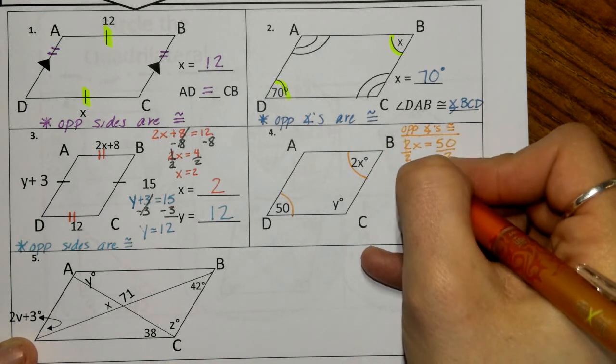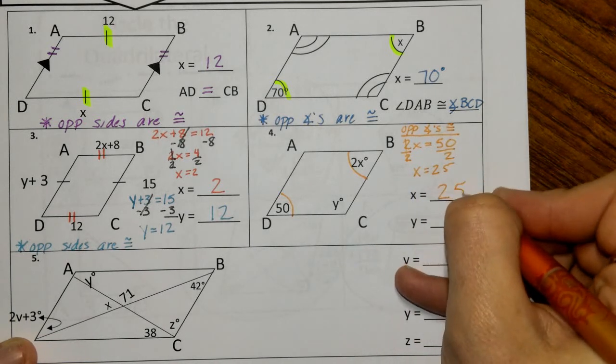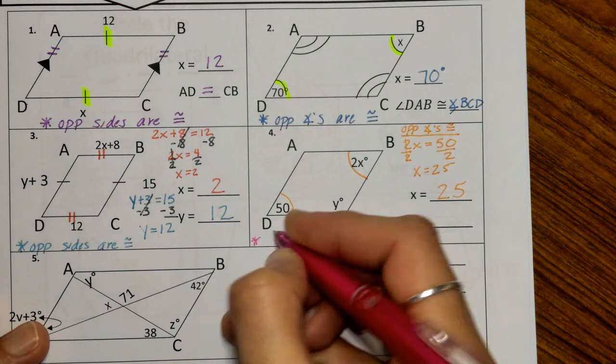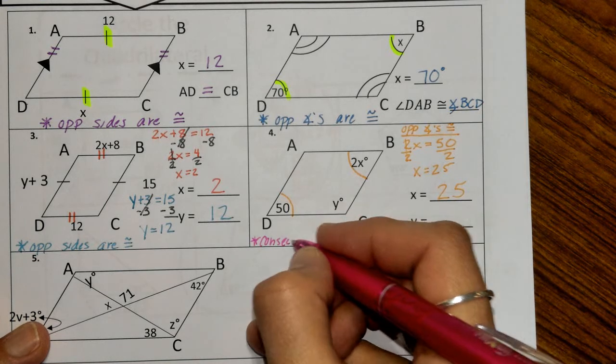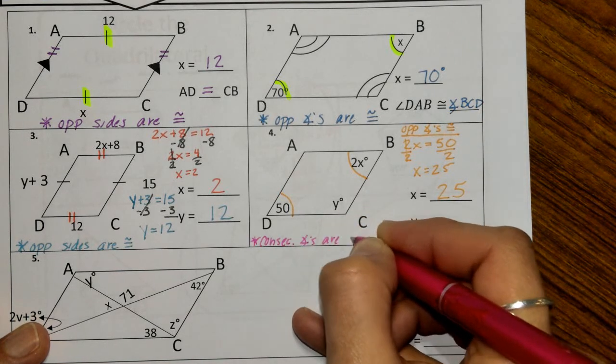When we divide by that 2, we find out that x is going to be 25. Now, to find y, we need to remember the property consecutive angles are supplementary. So here we have consecutive, that's how I'm going to abbreviate, one after another, angles are supplementary.